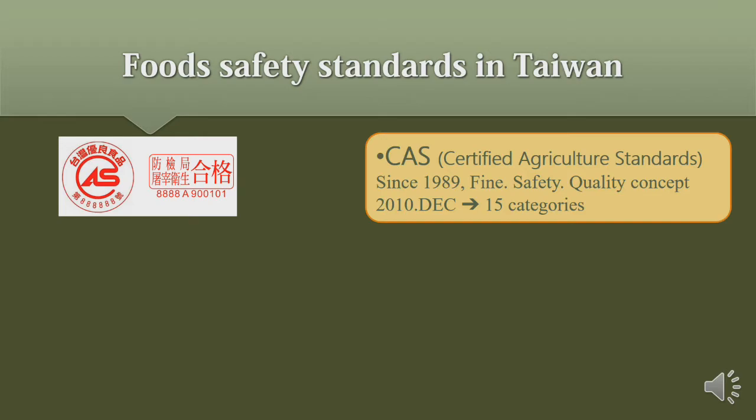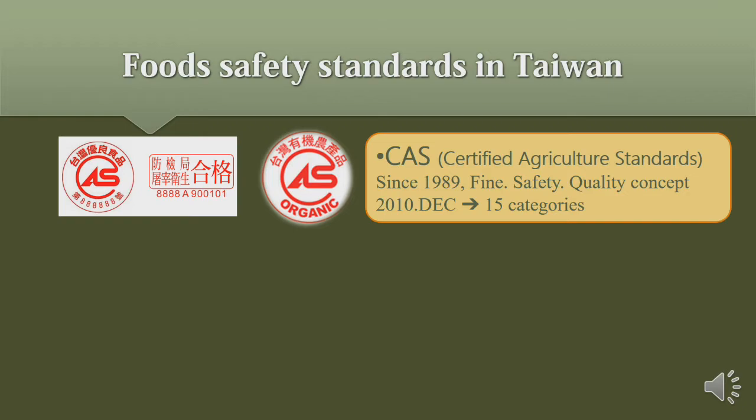CAS has existed since 1989, and it holds three very good concepts from the Taiwanese government. The first one is fine food, the second one is safety food, and quality food is the third one.